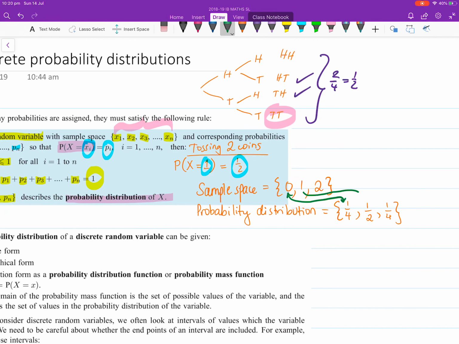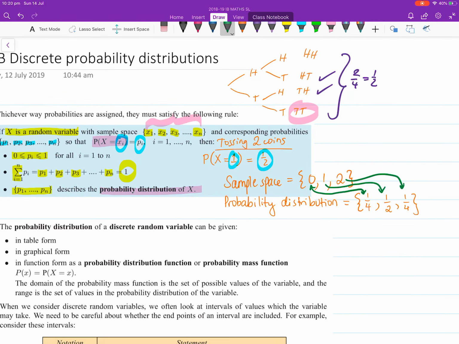Does that make sense? That's there, and then that's there. Okay, so that is your probability distribution, basically. And so each of them you can see has to be between 0 and 1. It could be equal to 0 or 1, and it all adds up to 1. 1/4 plus a half plus a quarter equals 1.